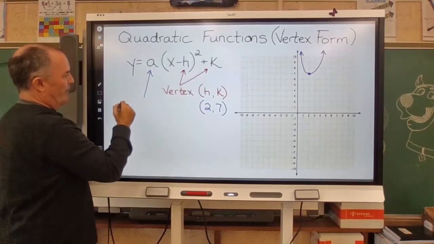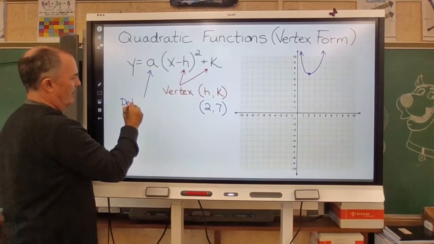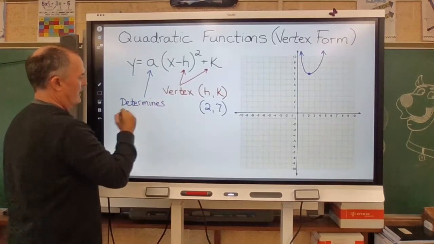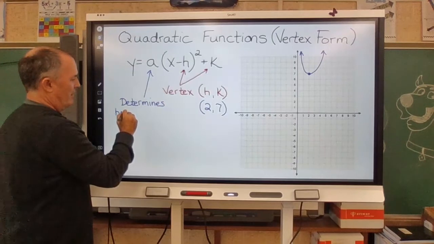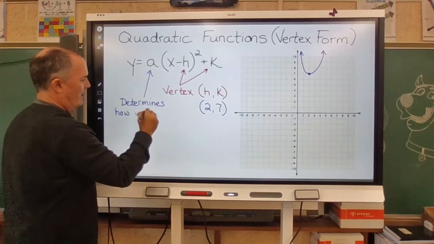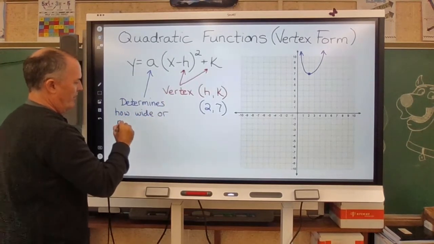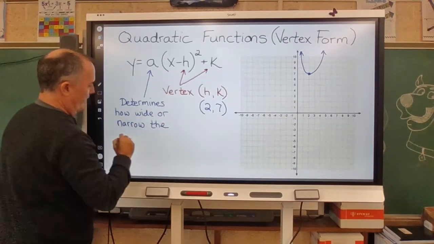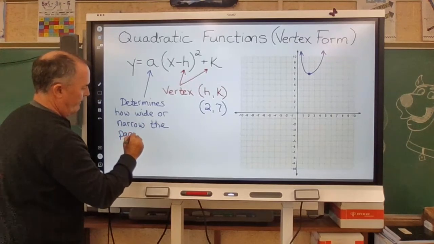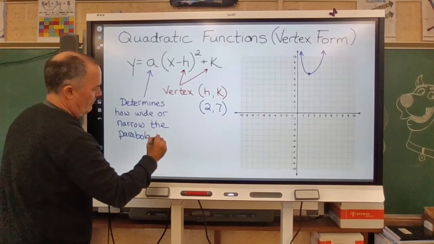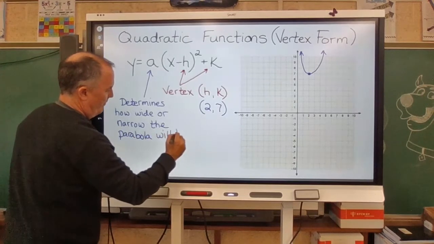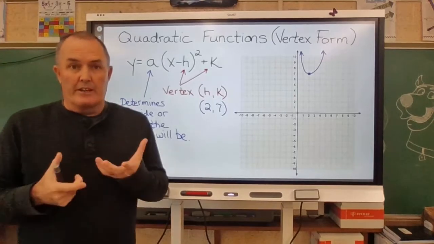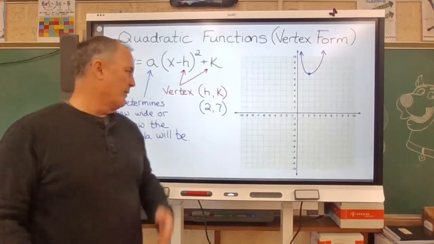So the a, the value up here, determines how wide or narrow the parabola will be. So this number up there, if there's a number up there, it's going to determine how wide or how narrow it's going to be.